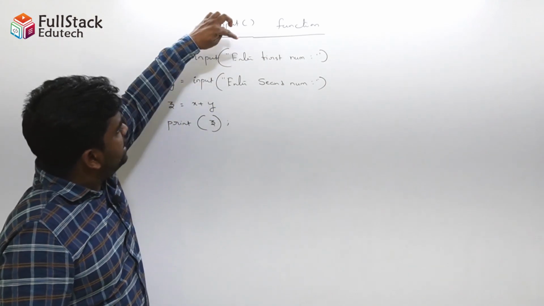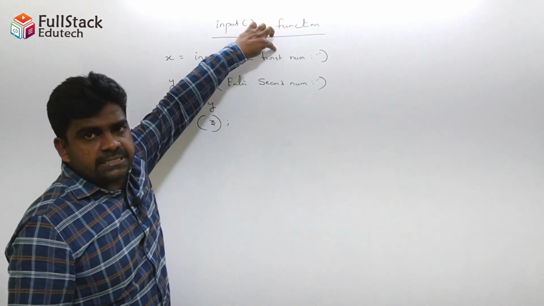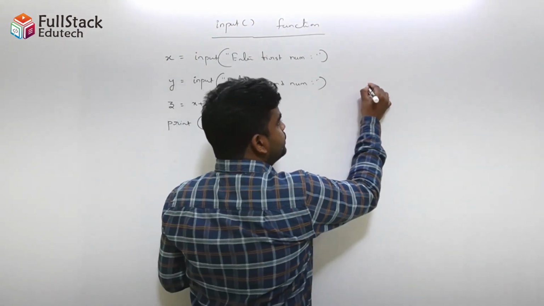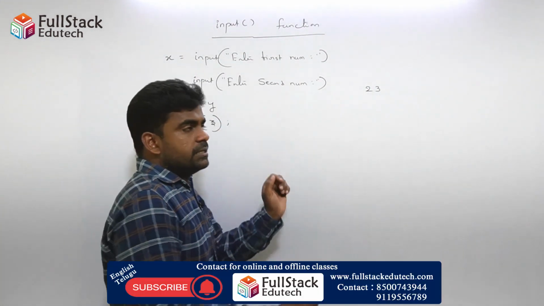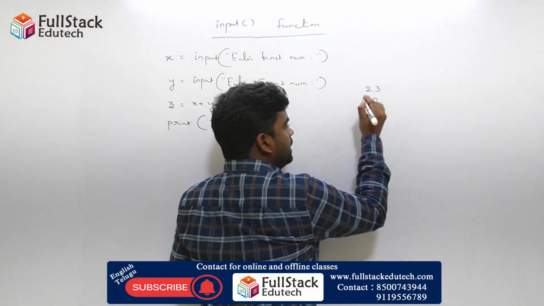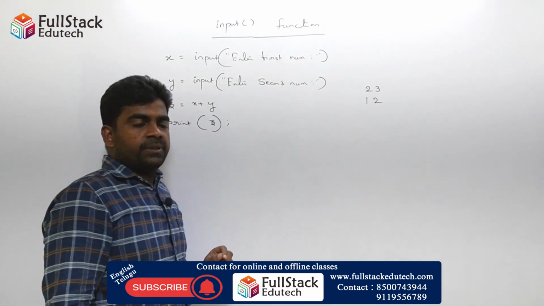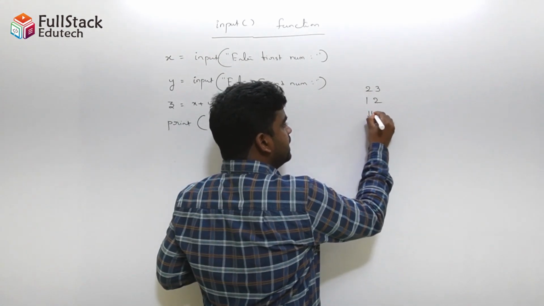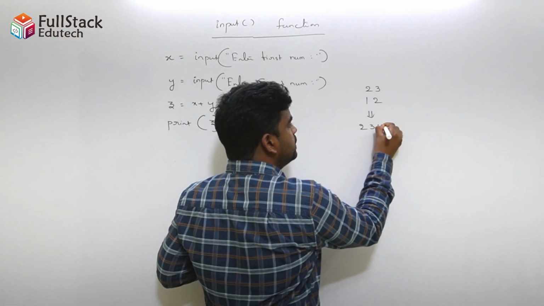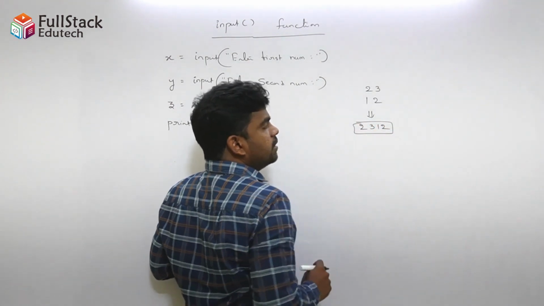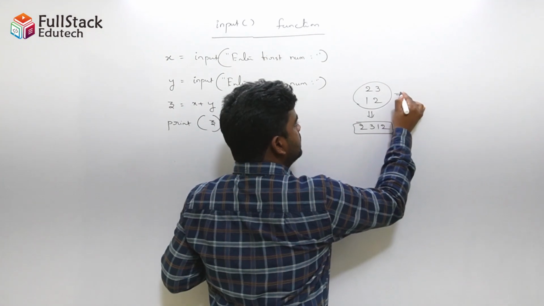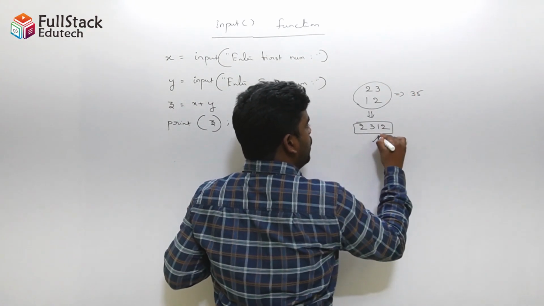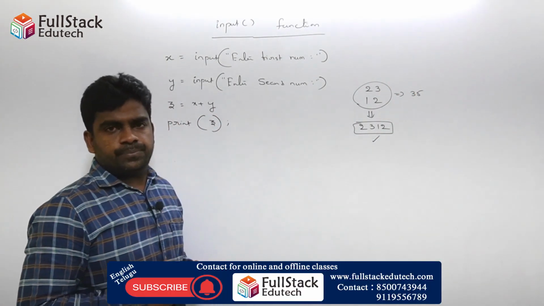Here, when it expects the first number, if you enter 23, and for the second number you enter 12, the output will be the concatenated value 2312. What we expect when adding both is 35, but the output will be 2312.